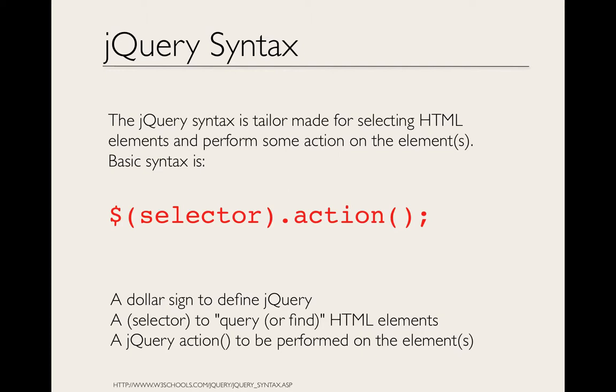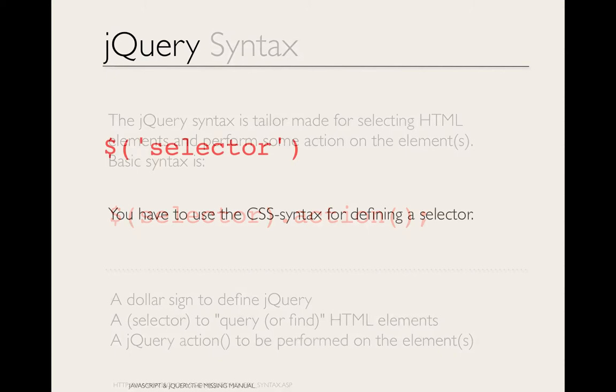You're using the CSS you already know to make your selection, and then with dot syntax you add an action onto the end, or a method, or a function, depending on what term you want to use. The $ sign effectively defines jQuery. The selector or the query to find an HTML element is usually defined in CSS, and then some sort of action to be performed. Very, very straightforward, I believe.